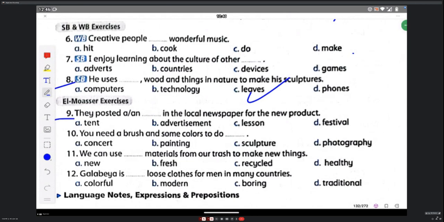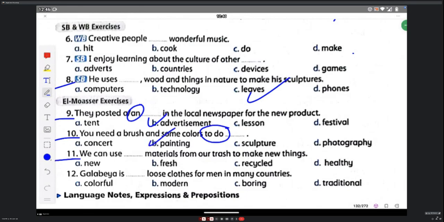They posted an advertisement in the local newspaper for the new product. Number 10, you need a brush and some colors to do painting.